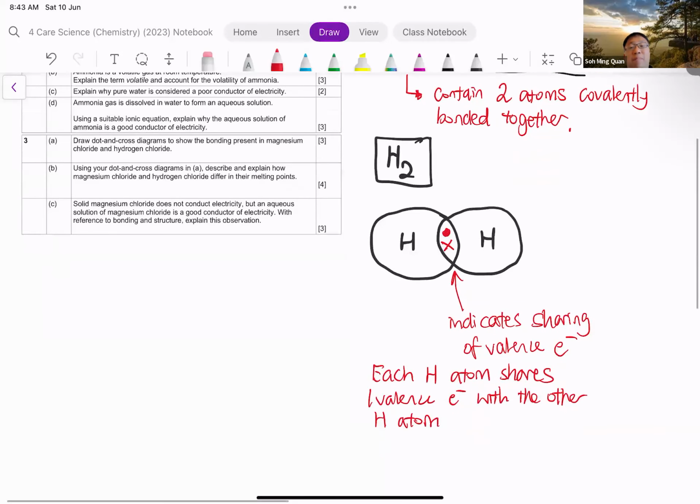Okay, and what is the purpose of sharing? Under ionic bonding, you have learned metals lose valence electrons, non-metals gain valence electrons in order to achieve a fully filled outer electron shell. So it is similar here. The sharing is such that it achieves a fully filled outermost electron shell.